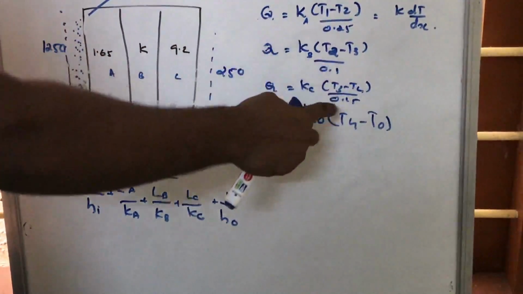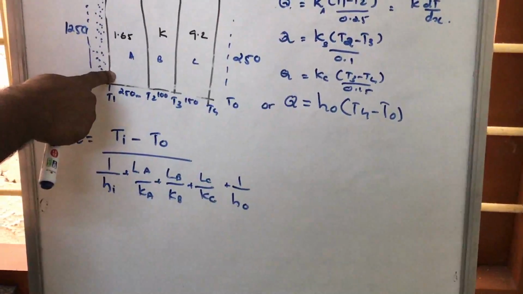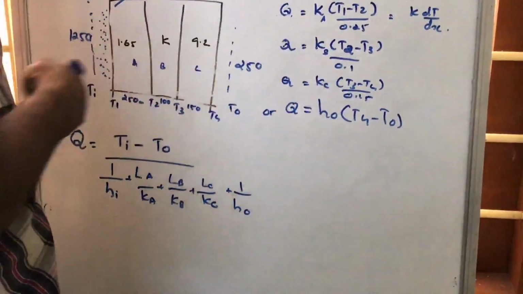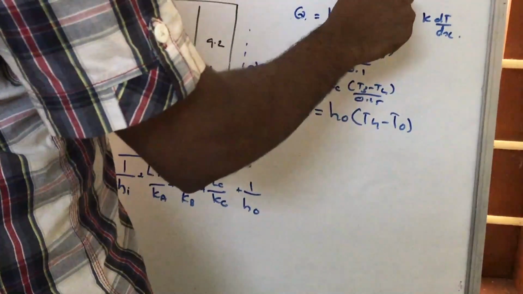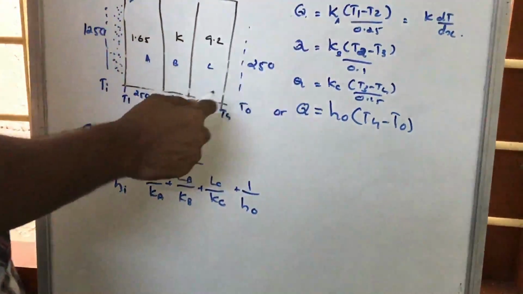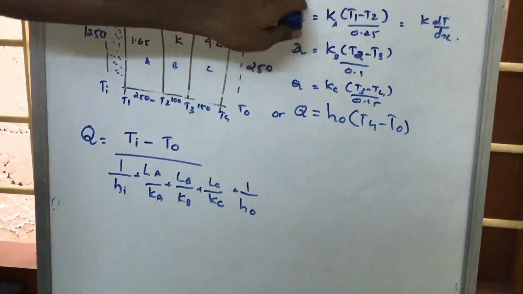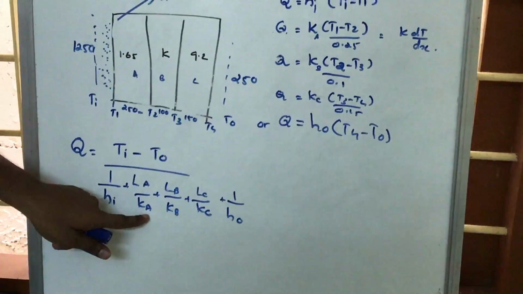That means this equation we can't use. But Ti and T1 are known. So we can substitute, that is 1250 and 1100 here, and Hi is 25. Hence we can find Q, and that Q can be substituted here to find this K.